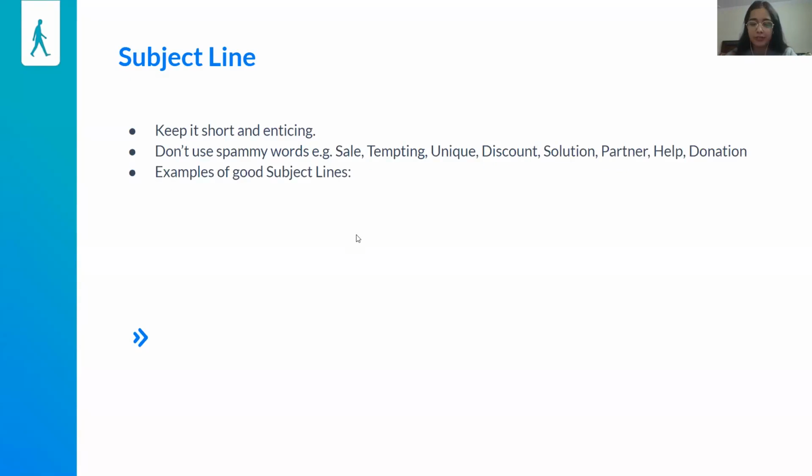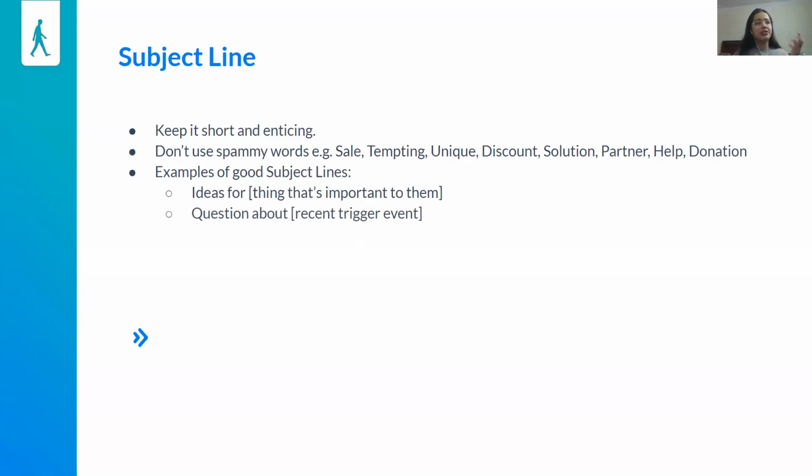And what are examples of good subject lines? Let's say there's a company that is hiring at the moment. You're going to send them an email with the subject "ideas for recruiting your next batch" or "ideas for new recruits." Then questions about something they've had a problem with. Let's say a company has recently had a lot of issues with digital marketing.